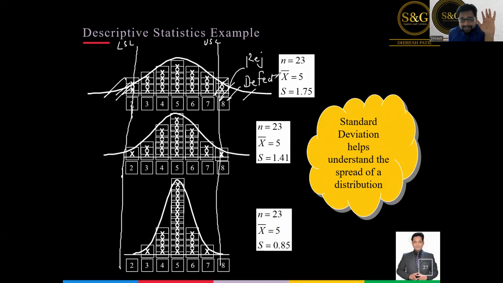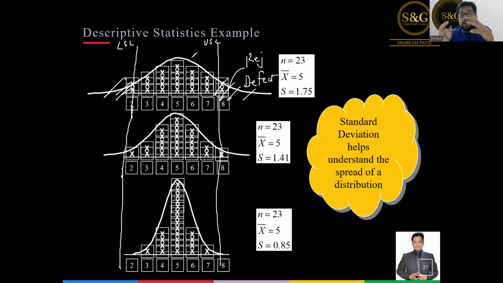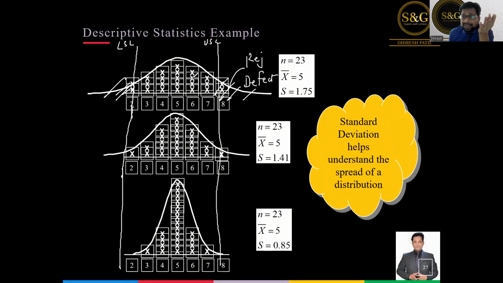Now look at this first graph. The more the spread, the more the rejection. You remember my first principle? I said more variation, more rejection, and more rejection, more losses. We are running the company for profits, but we are making losses because we are making more variation. Now look at this, it is exactly cut to cut variation.